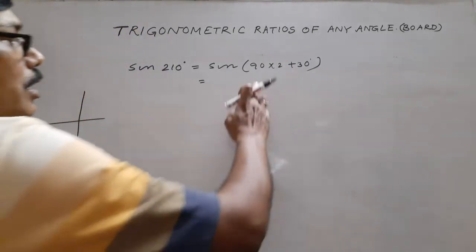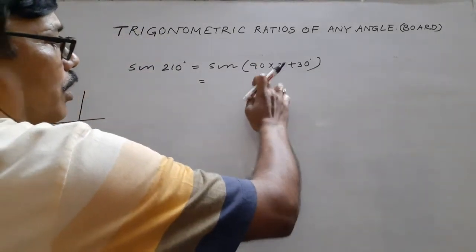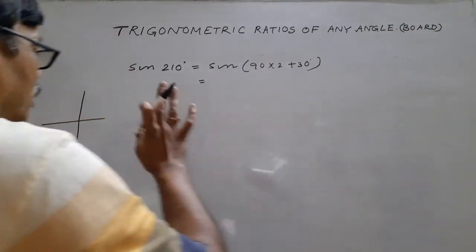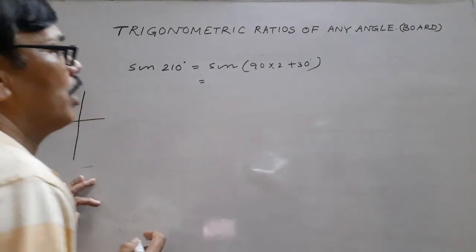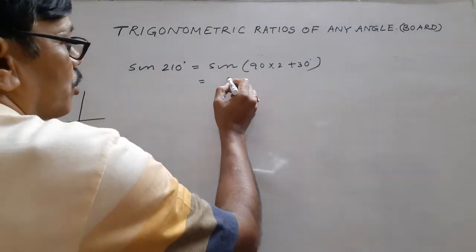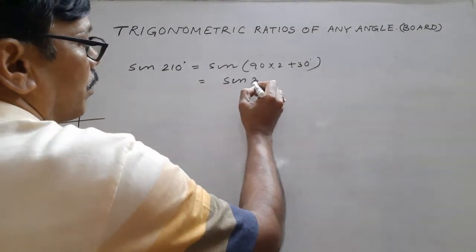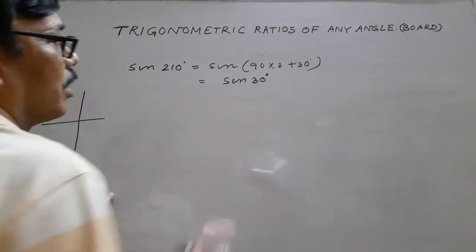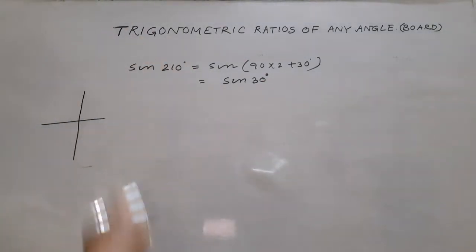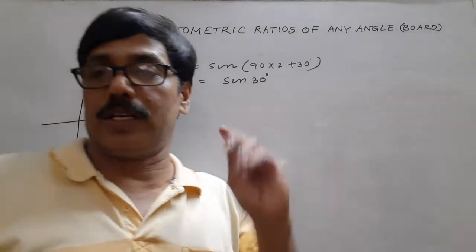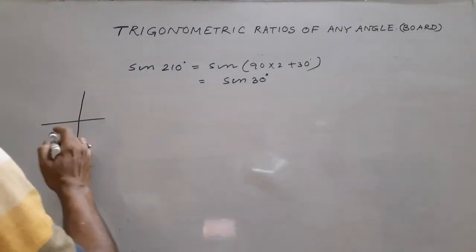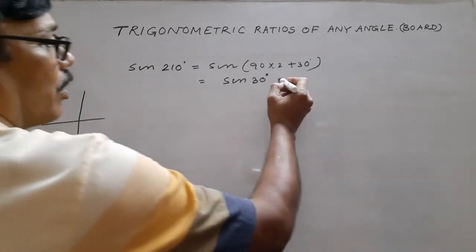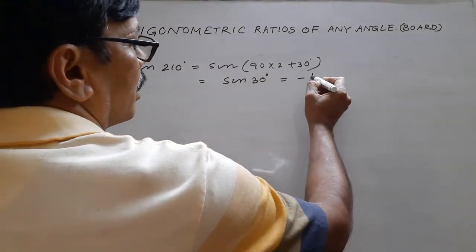If it is an even multiple of 90, the rule says the trigonometric ratio will remain unchanged. So it is an even multiple, so sine 30. Then we see in which quadrant 210 degrees lies. It lies in the third quadrant, where sine is negative.